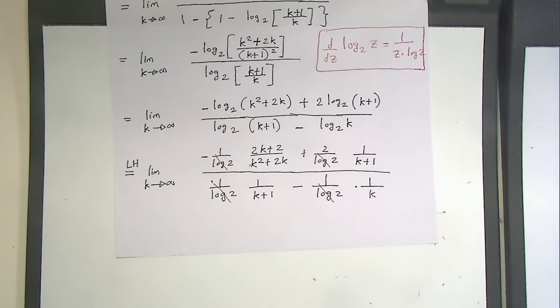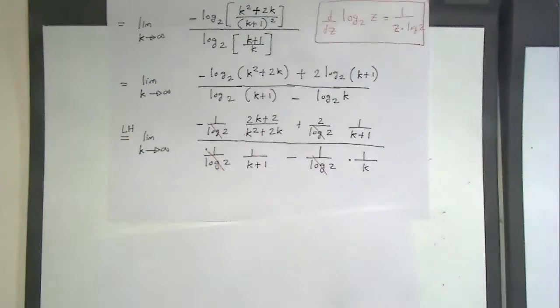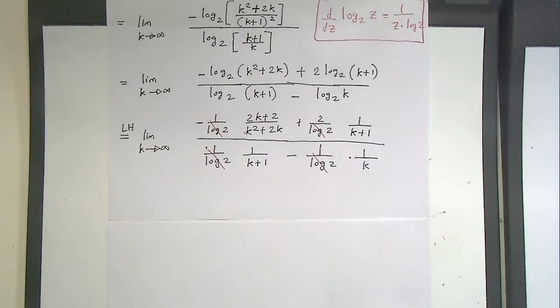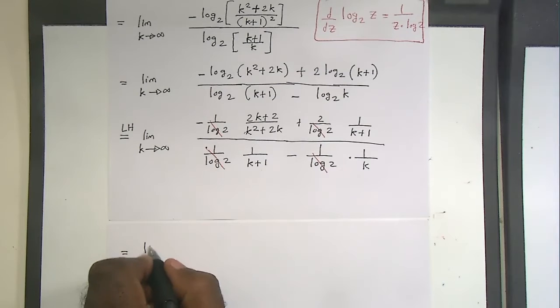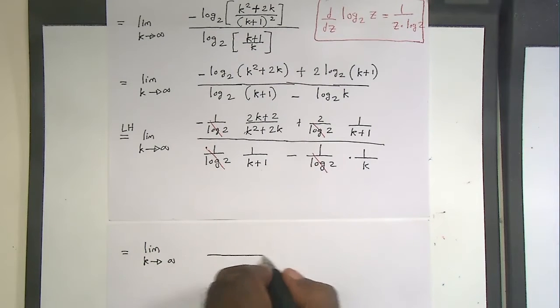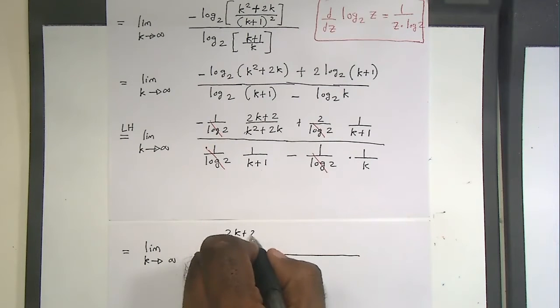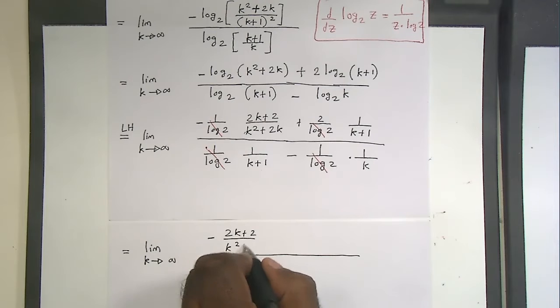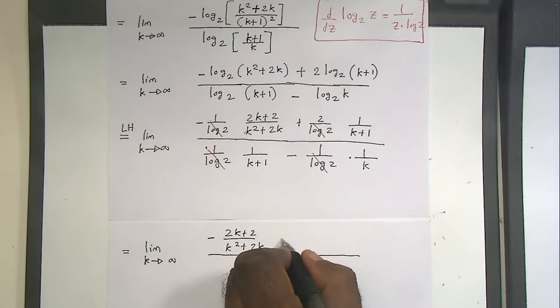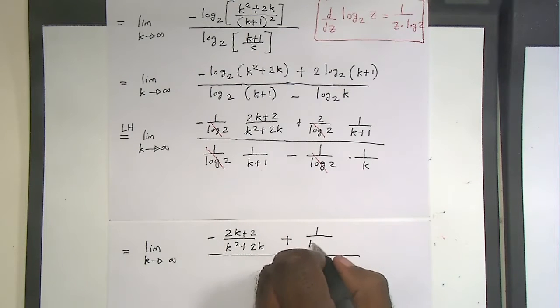So let's see what we get. This becomes equal to the limit as k goes to infinity of, in the top you have minus 2k plus 2 divided by k squared plus 2k plus 1 over k plus 1.